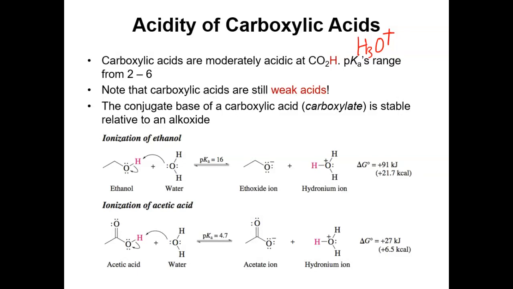If any acid is stronger than hydronium ion, we call it a strong acid; if any acid is weaker than hydronium ion, we consider it a weak acid. That's just a general way of classifying acids. The hydronium ion has a pKa of about minus 1.5, so obviously all those carboxylic acids are still weaker than the hydronium ion. So they are still weak acids.